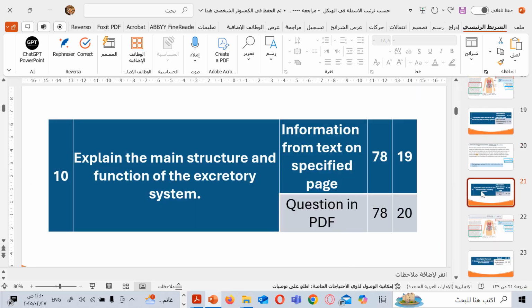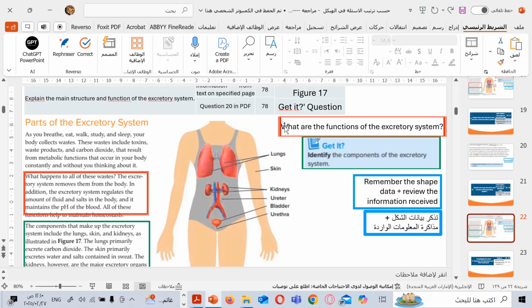Let us go to the next question, number 10. Information from the text, specified page, question in the PDF. This will return us again to this one because this is the question, as I said before.